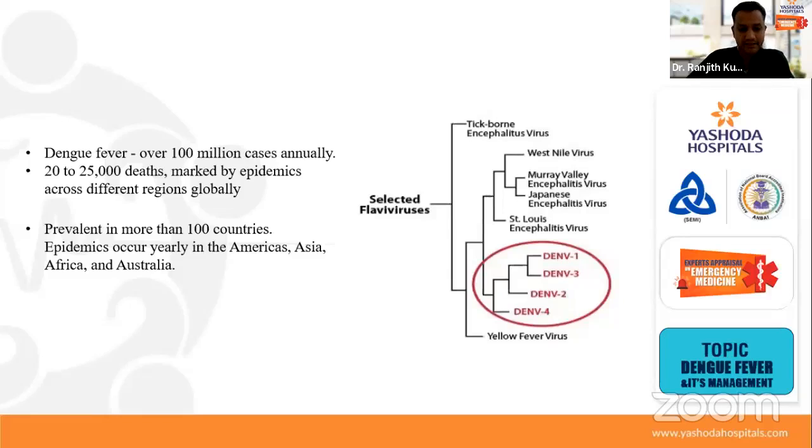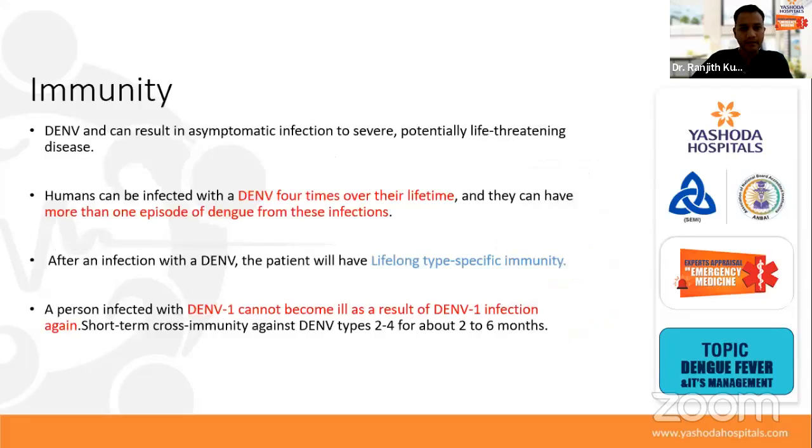So the dengue virus is part of the flavivirus family. It has 4 serotypes: 1, 2, 3, and 4. The dengue virus can cause anything from asymptomatic infection to severe, potentially life-threatening disease. A total of 4 dengue infections can occur over a lifetime, and one strain cannot cause infection twice.